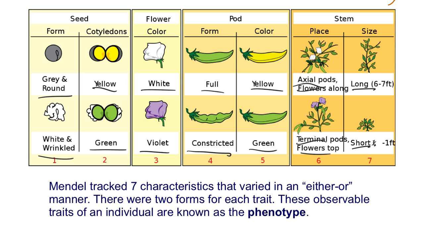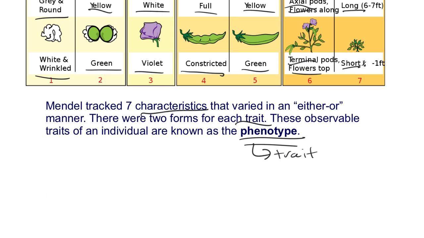You either have one or the other. These are distinct traits. You call them characteristics. We call them traits. More scientifically, we call these phenotypes. The phenotype is the trait that you can observe. It's what it looks like.